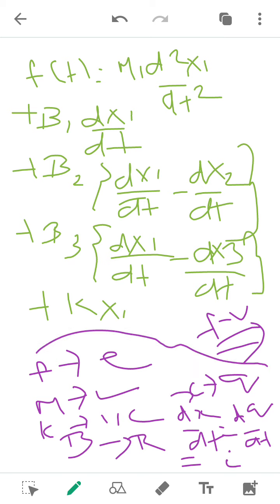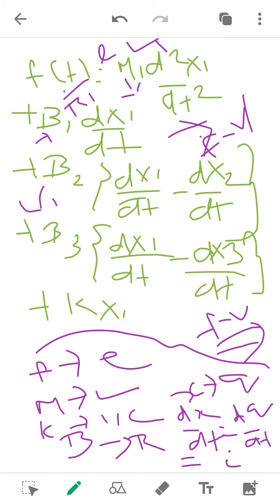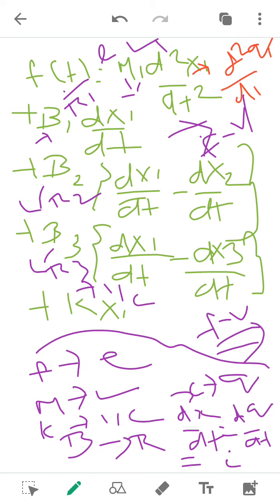So with this we are going to convert this to a force voltage analogous equation. In place of f of t we write E, in place of M1 L1, in place of V1 R1, in place of V2 R2, in place of V3 R3, in place of K1 by C. Then in place of d squared x1 by dt squared, we write d squared q1 by dt squared.